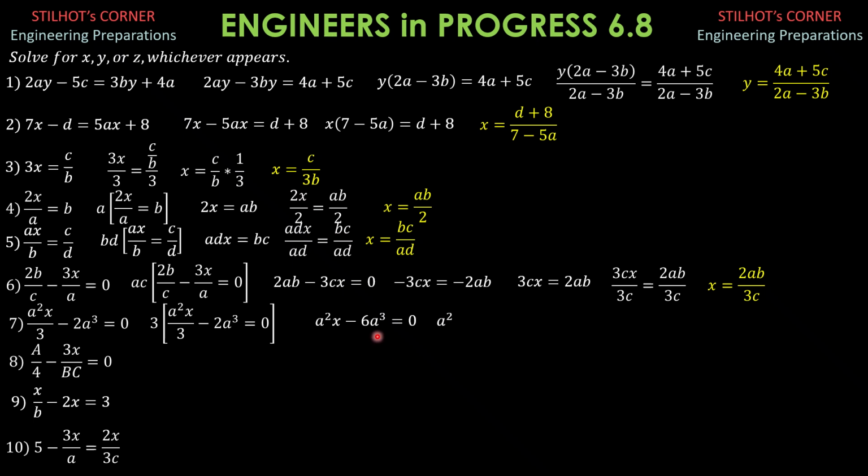Transpose negative 6a cubed to the right, so a squared x equals 6a cubed. Divide everything by a squared, both sides, so a squared x over a squared equals 6a cubed over a squared. Then the left side is x, the right side is 6a cubed over a squared is 6a, so x is 6a.